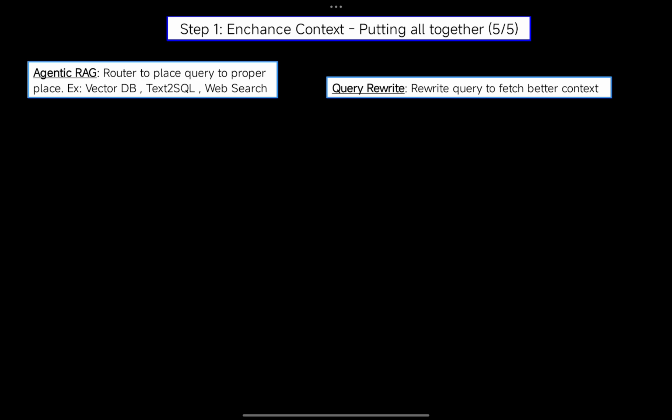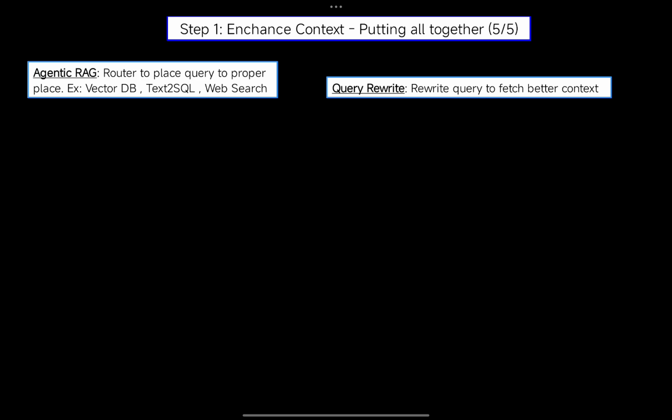Now sometimes you will see that better context is not getting fetched from the vector DB or the text to SQL conversion process, right? Maybe the user question is not a very elaborate one. So at that time, we will rewrite the query based on the given question, and the newly generated query will fetch better documents using this query rewrite option, right?